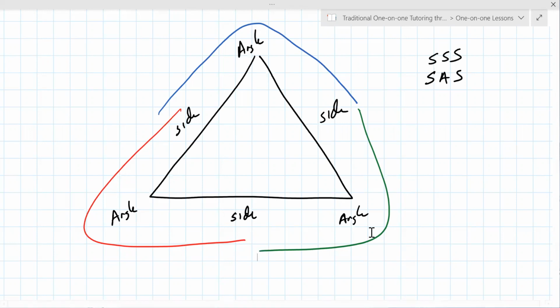Is it clear that with SAS, I can't just pick that side over there and then that angle down there and then this other side over here? It has to be in an order.